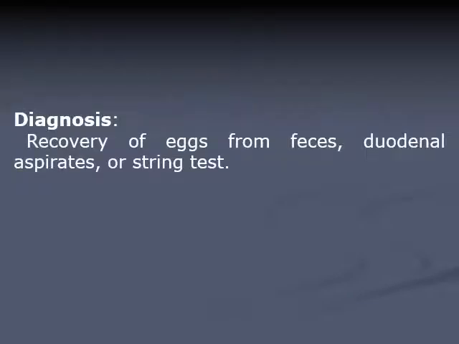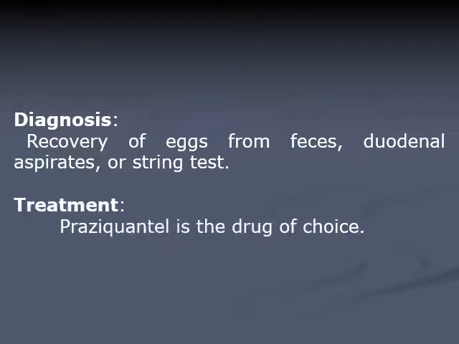Diagnosis: by recovery of eggs from feces, duodenal aspirates or string test is recommended to confirm that the infection is by Clonorchis, not Heterophyid, because the eggs are the same, and they are present in the same locality. Treatment is by praziquantel, which is the drug of choice.